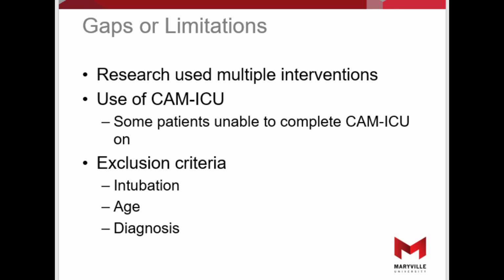I didn't have the ability to follow up with patients after they were intubated necessarily, or to look at those intubated for longer periods of time and the rates of delirium that they experienced. And then, of course, the exclusion criteria also has to be considered. We weren't able to take everybody into consideration for the sample size.